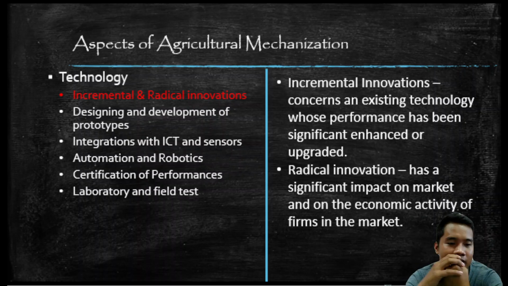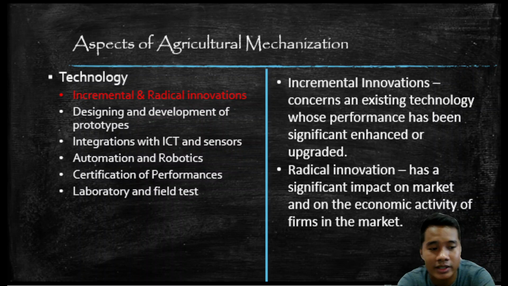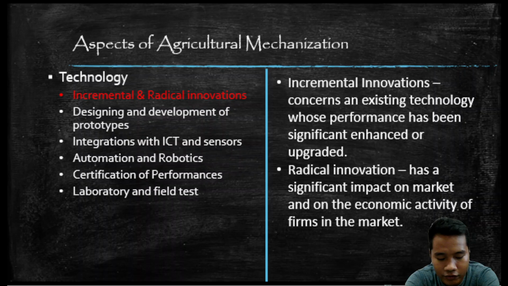This is incremental innovation versus radical innovation, which is a more advanced one, because you are going to have a significant impact on the market and on the economic activity of the firms in the market. So you are introducing a new innovation, a new machinery that was not introduced before, for example.